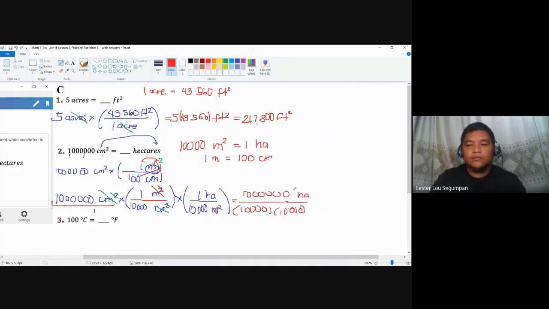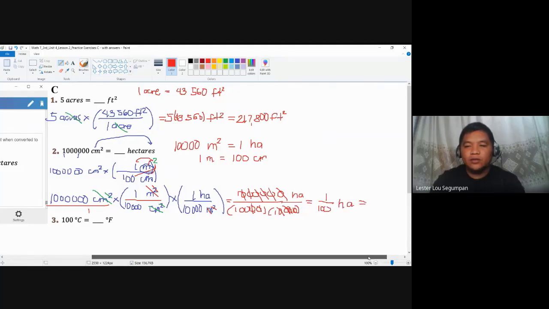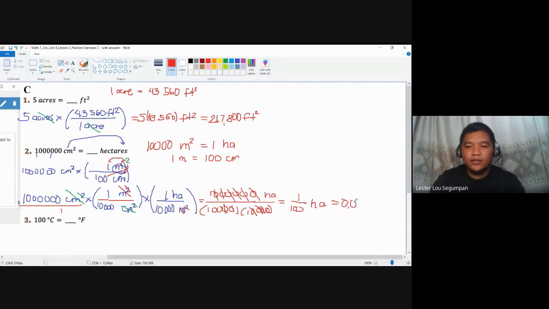You could cancel 0, another 0 here, and finally here. So our result is 1 over 100 hectares, or in decimal notation, that's 0.01 hectares. That's the result for item number 2.